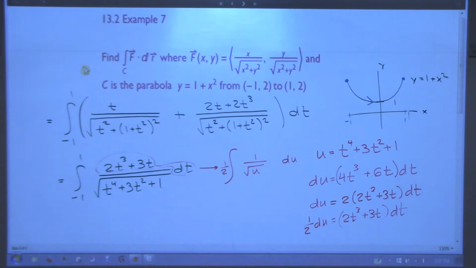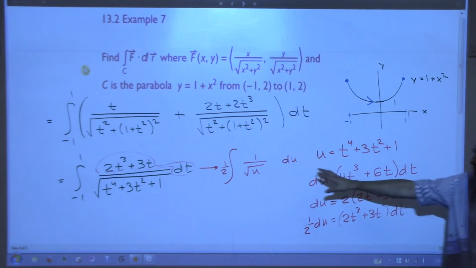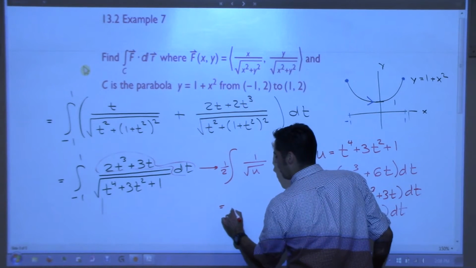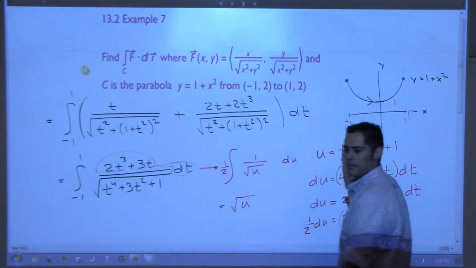That's just u to the negative half, so the antiderivative is just square root of u. Hopefully you agree with that. That's what that is.